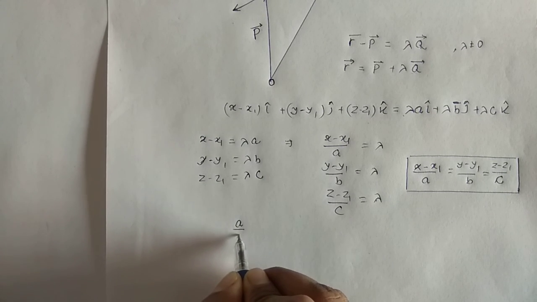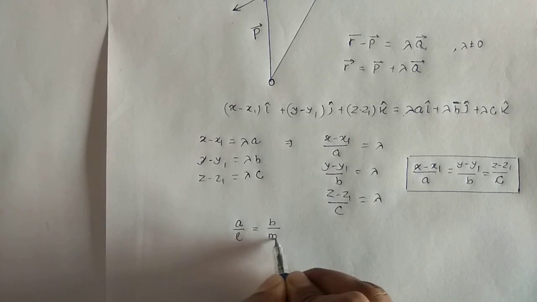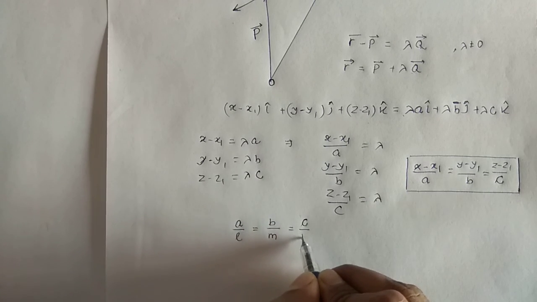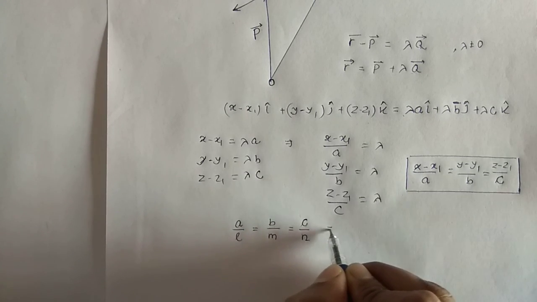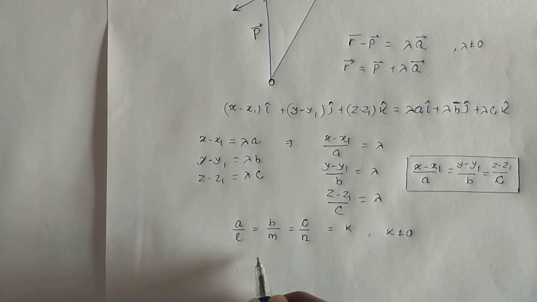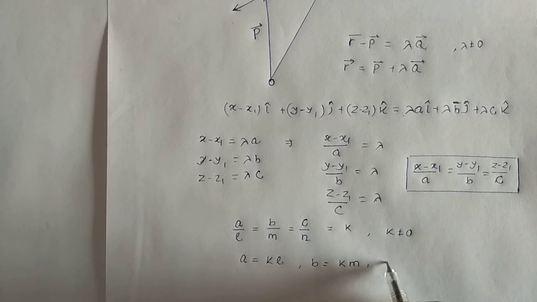So this will be a simple relation between direction ratios and direction cosines. Suppose the ratio is equal to k, where k is not equal to 0. If you write a, b, c in terms of the direction cosines, a will be written this way, b this way, and c like this.